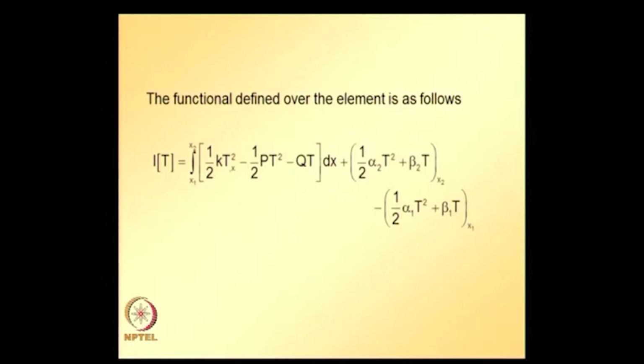So, x naught is replaced with x1, xl is replaced with x2, and also alpha naught beta naught are replaced with alpha 1 beta 1, alpha L beta L are replaced with alpha 2 beta 2.